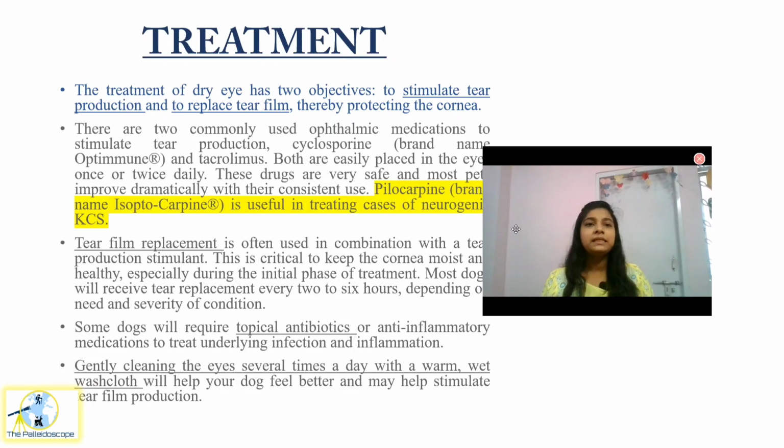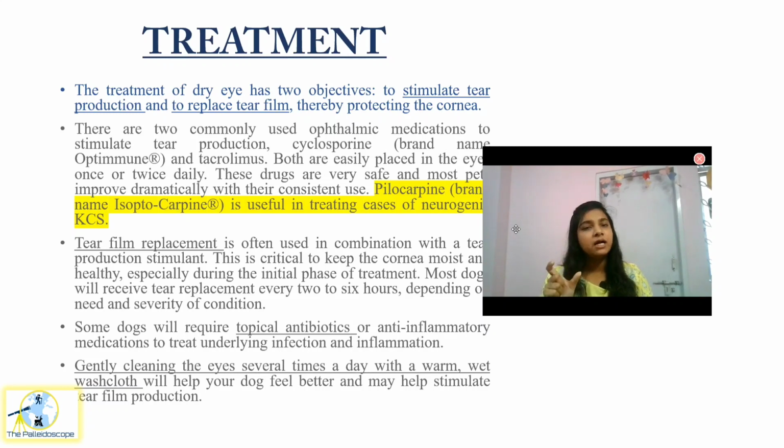There are two commonly used ophthalmic medications to stimulate tear production. One is cyclosporine, which is very commonly used, and the other is tacrolimus. Both are easily placed in the eye once or twice daily. These are very safe to use and also dramatically improve the situation with persistent use.